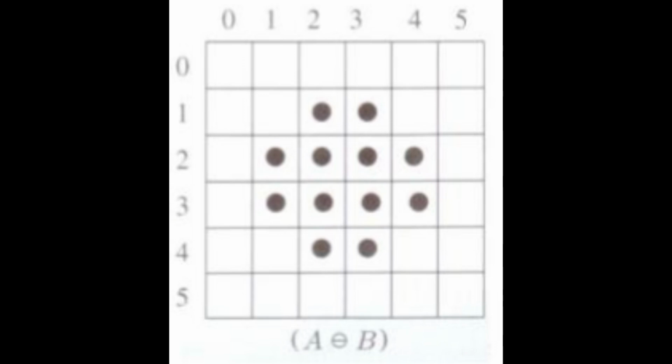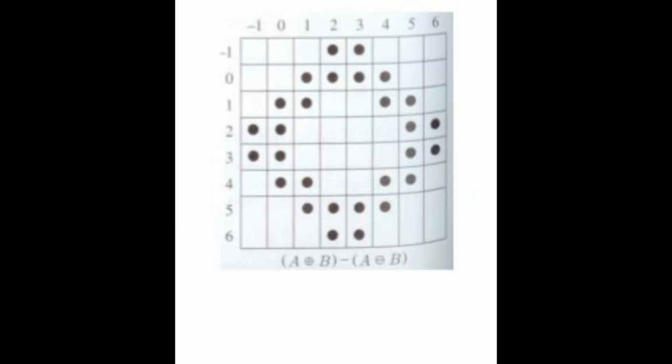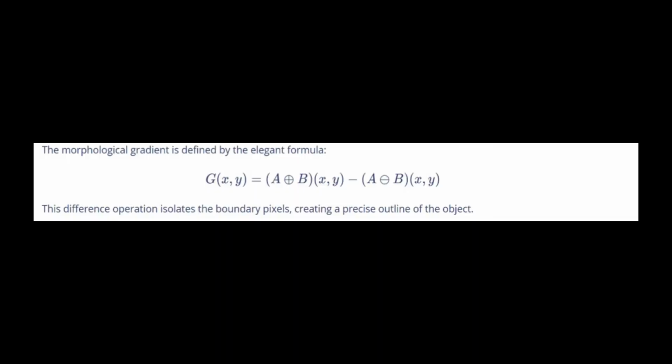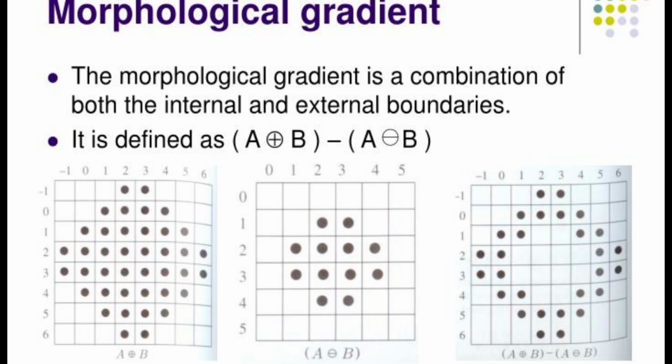Once we have both the dilated and eroded versions of the image, we subtract the eroded image from the dilated image. This operation is represented as this. The subtraction removes all the common pixels inside the object, leaving only the difference region which lies on the boundary. In other words, the difference highlights the transition area between the expanded and contracted versions of an object, which is the object's edge.